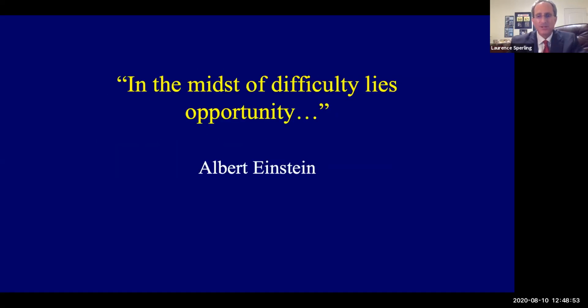This is a quote that was on my last office door at Emory, and I've been using this quote often, from Albert Einstein. All of us need to really take this quote to heart. In the midst of difficulty lies opportunity. And so what will be and what are the silver linings of our current situation right now, our current challenges day to day?